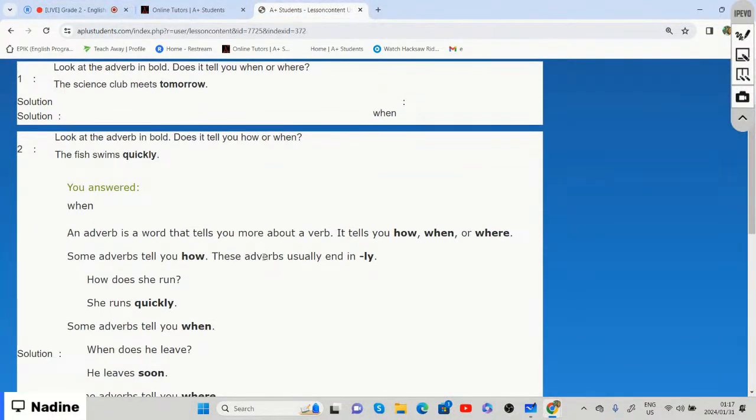All right, so it says now, look at the adverb in bold. We have the adverb quickly in bold. Does it tell you how or does it tell you when?